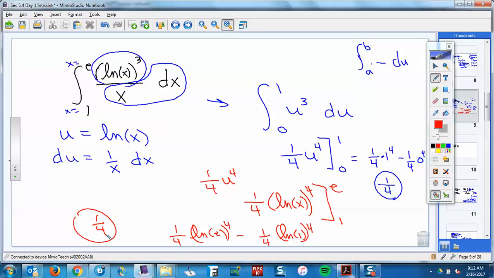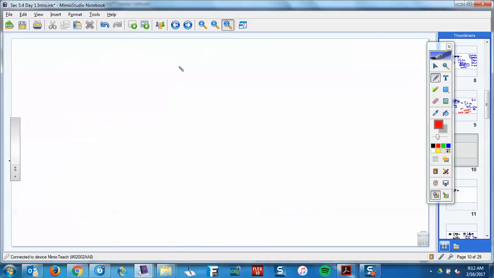All right, so let's do, let me see what I got here. Out of section 5.4 in the book, let's do 11 through 14. Those are some definite integrals, so the thing we just talked about.